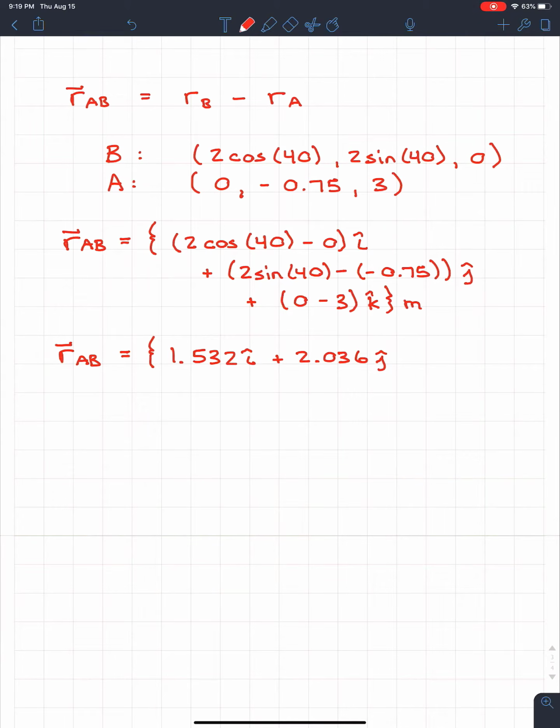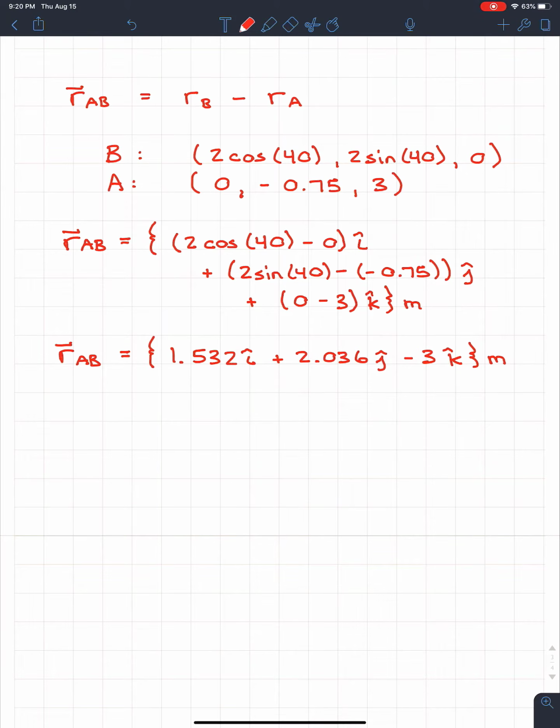And then finally, minus 3, and that's in the K direction. So remember the little hats on top of the letters, squiggle brackets at the end, and of course meters. So we just found basically the hardest part of this vector.